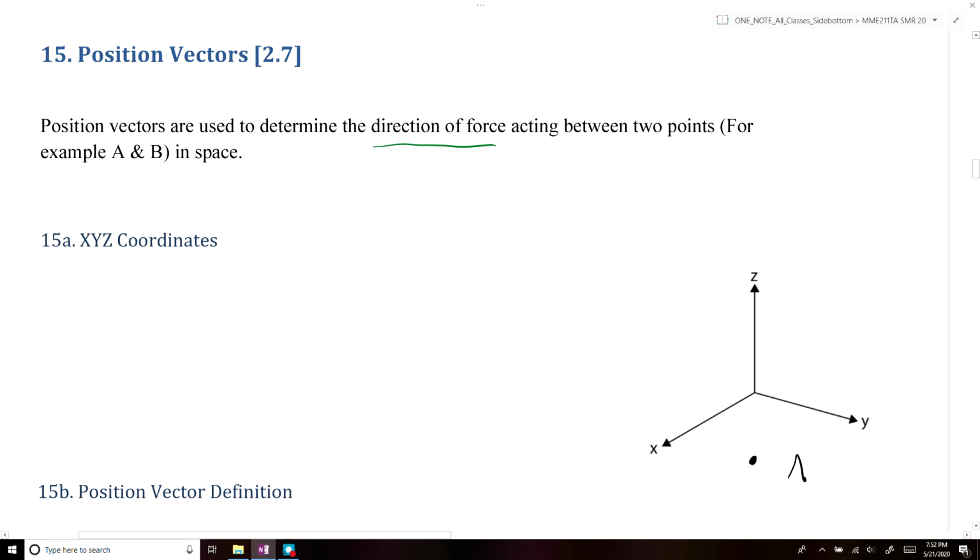So let's say we have a point A and we have a point B. We can define those points using XYZ coordinates.